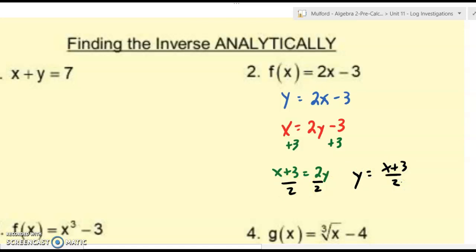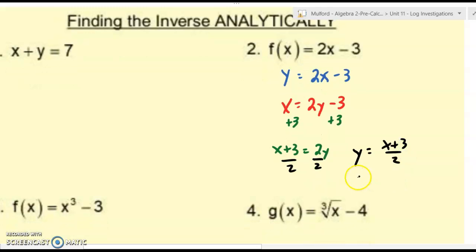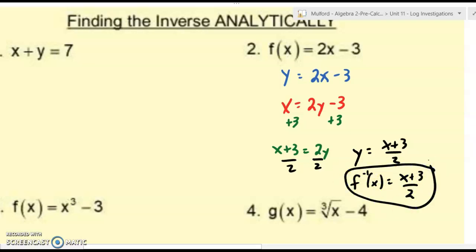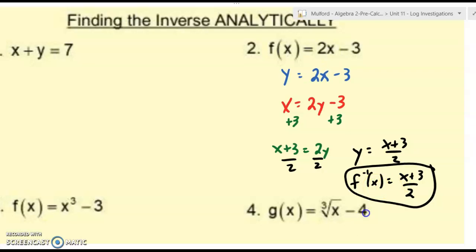Because I actually want to write this as an inverse, I'm going to write it as f inverse of x equals x plus 3 all over 2. Interestingly enough, if I take this function and I plug it back in for x, composing a function and its inverse, I always get x for my output.